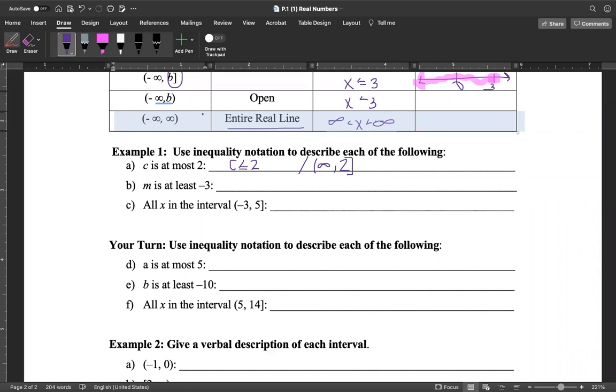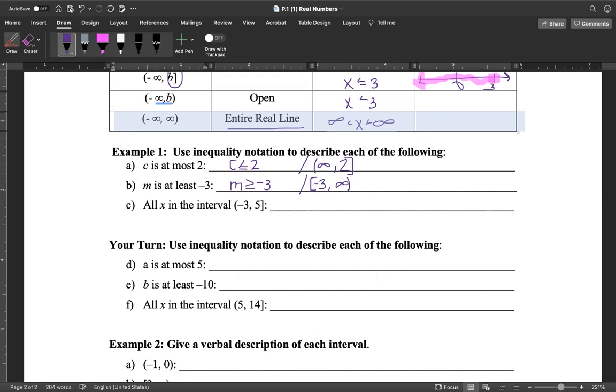Okay. M is at least -3, at least, which means it can be -3, but it's also going to be greater than -3. So M is greater than or equal to -3. So if we are doing interval notation, that will be bracket at -3. And we are going all the way to positive infinity.